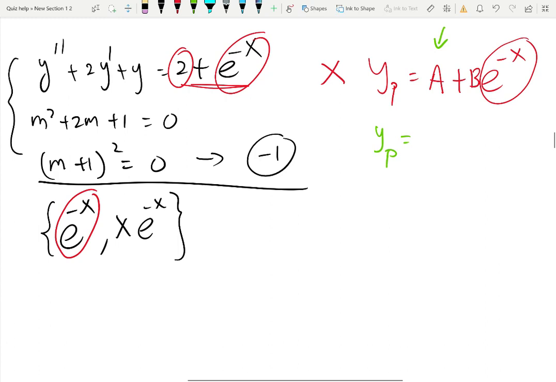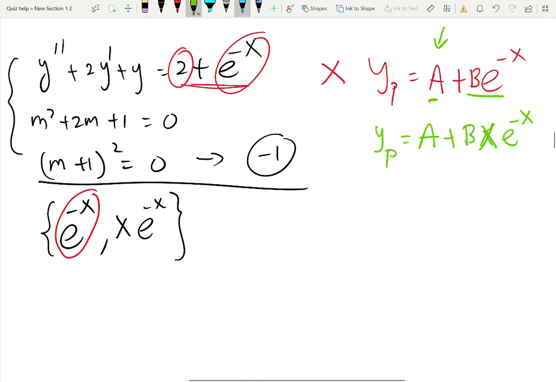Let's call the part that we have overlap the offended part or the offended party. So here the offended party is b e to the negative x. So your new guess is a plus bx e to the negative x. Only multiply the part that you have an overlap, not the part that has nothing to do with the overlap. Okay, all right, so because of that we didn't multiply a by x.